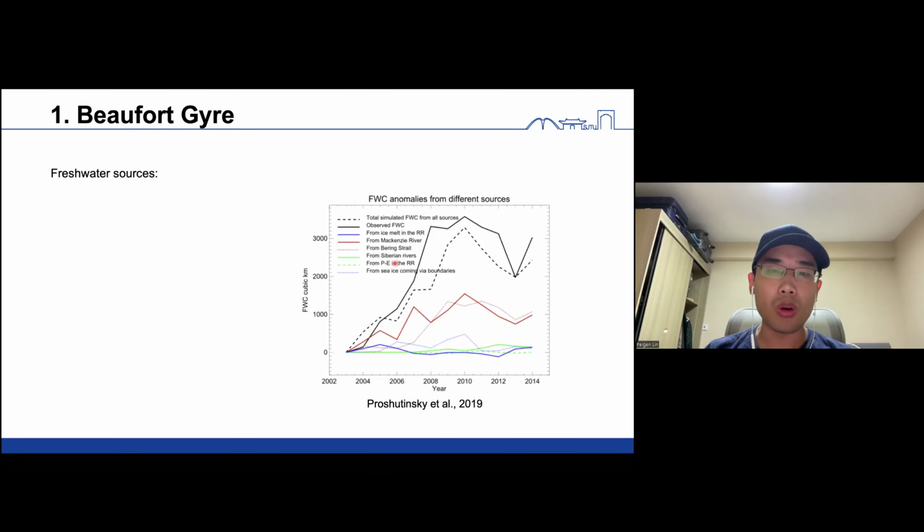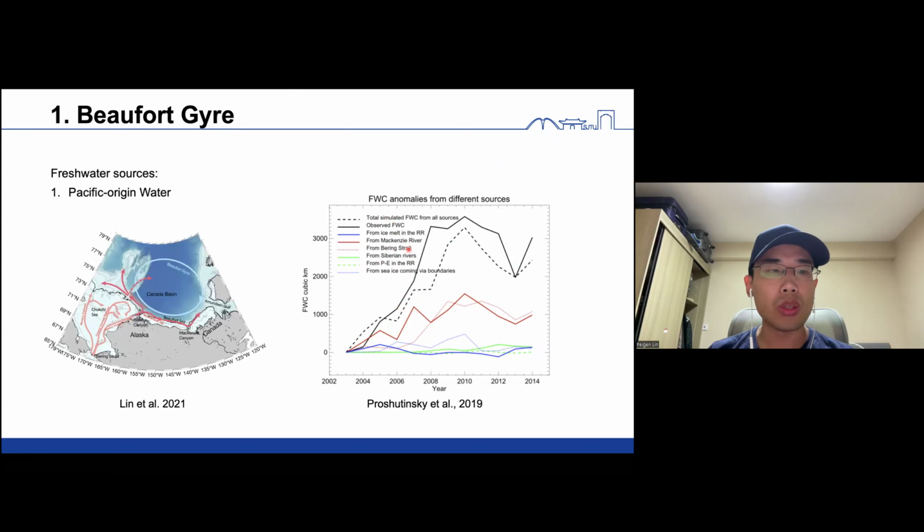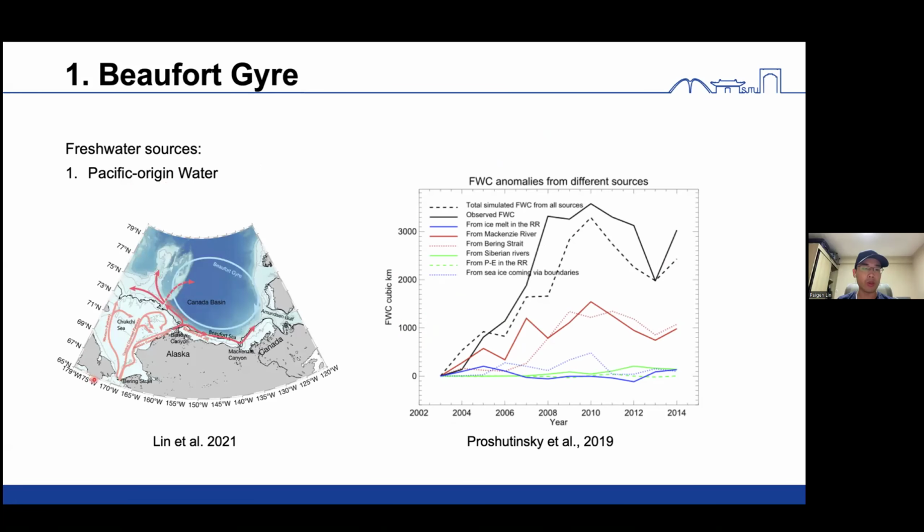And what are the sources of the freshwater, where did it come from? They have a model study that shows there are two major sources. First, shown by the dashed red line right here, is the Bering Strait, which is the Pacific origin water that came from the Pacific Ocean and flows north through the Bering Strait into the Arctic Ocean.